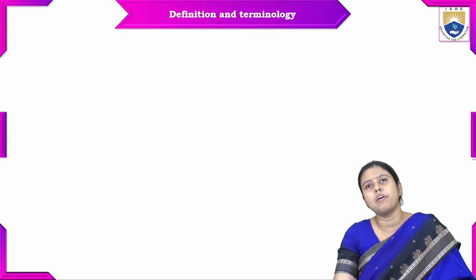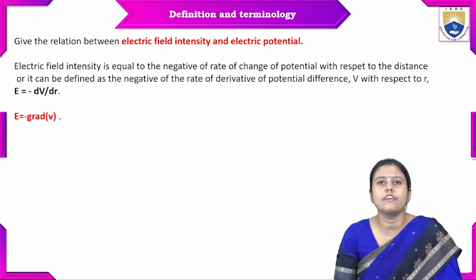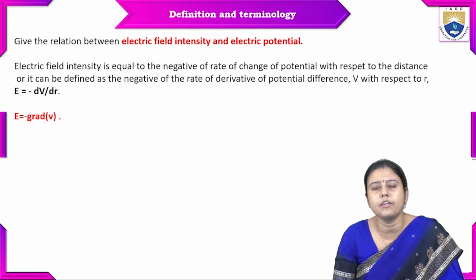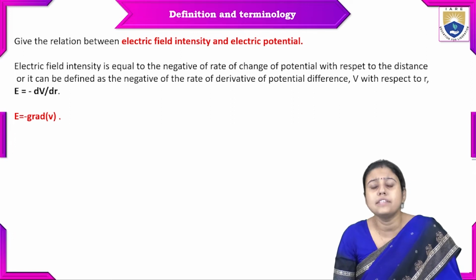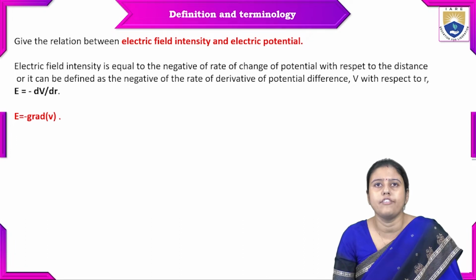Now we are moving to our second definition: give the relationship between the electric field intensity and electric potential. This is the base of electromagnetic theory, the basic definitions.